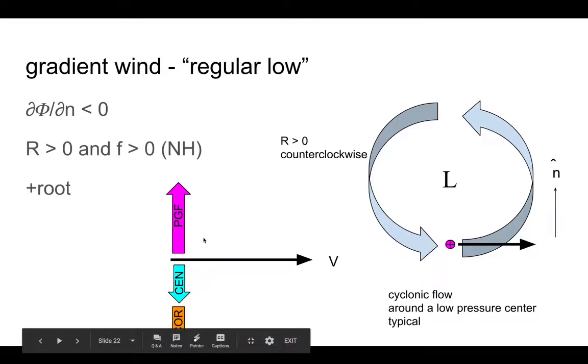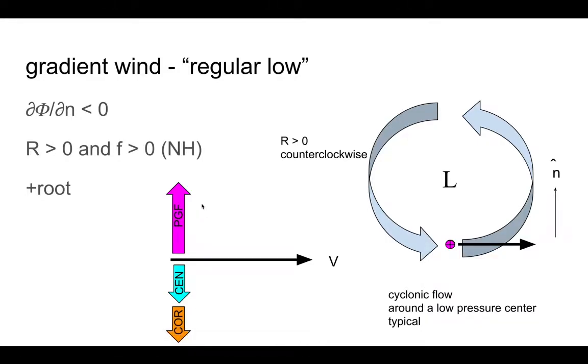And that needs to be balanced by the pressure gradient force acting to the left, and that's the case where you have d phi dn negative. That means that the pressure is decreasing in the n direction. And so this is the typical situation where you have this cyclonic turning. You should have lower pressure to the left of the flow.